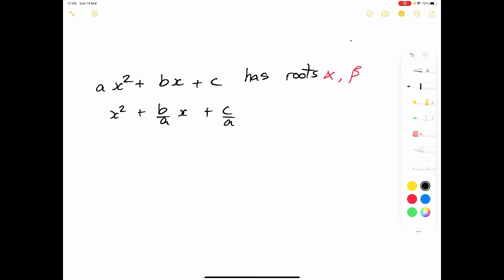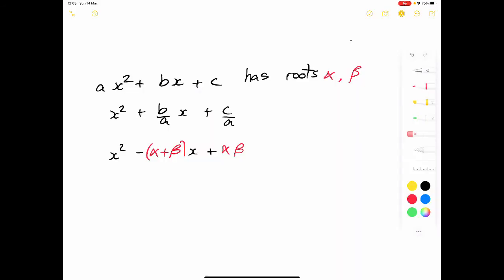And it turns out, which is a useful phrase, which means I'm not going to show you why, that this is actually equal to x squared minus (alpha plus beta) x plus alpha beta. So the negative sum of the roots is equal to b over a, and the product of the roots is equal to c over a. But that's a similar idea, and hopefully that will get you to understand what these are.